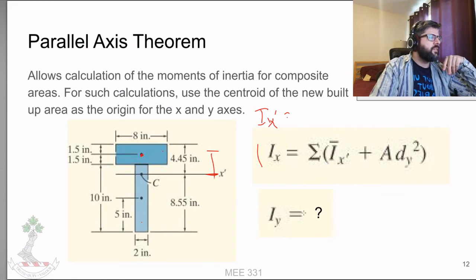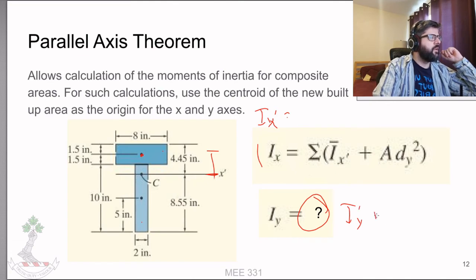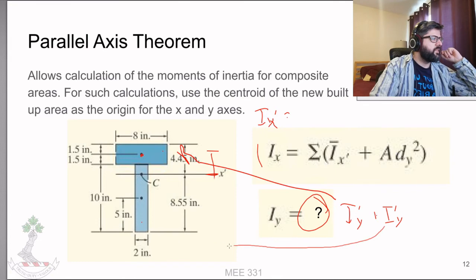In this instance, this is where I'd probably wait for the class to be able to tell me. I think most of you could probably tell here that Iy would just be the combination of the Iy primes for the two rectangles.